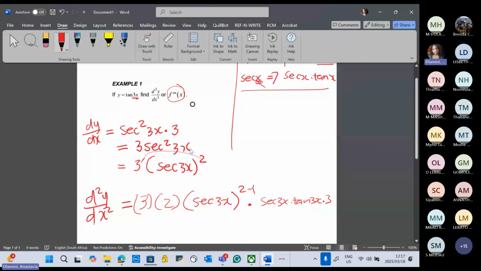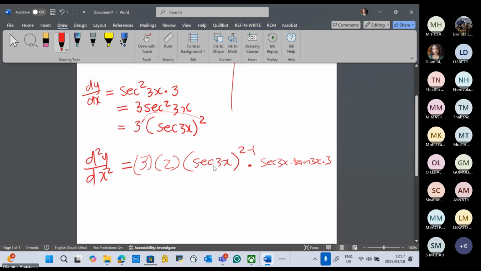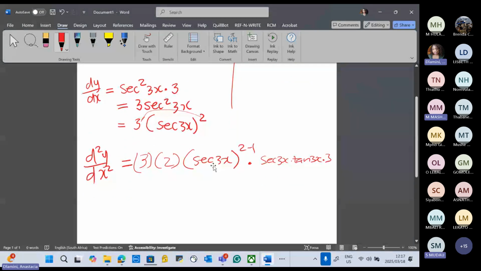Are we all together, guys? Yes, ma'am. 3 next to the 6. Let's start with the one who said about the 3 next to. Ma'am, what you wrote now, I think it's supposed to be 3 sec 3x tan 3x.